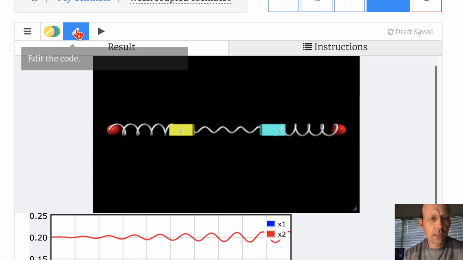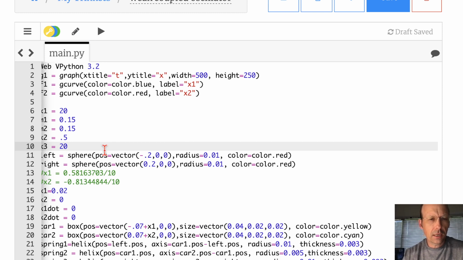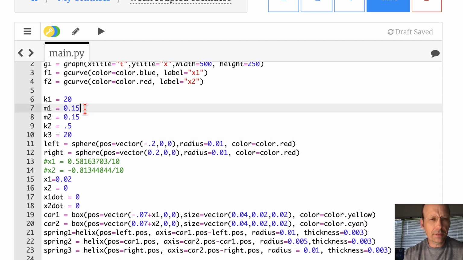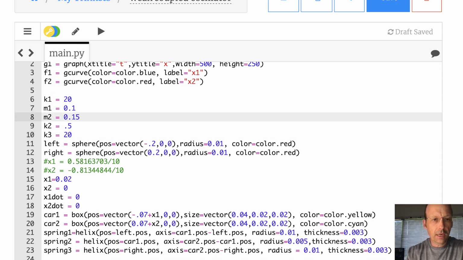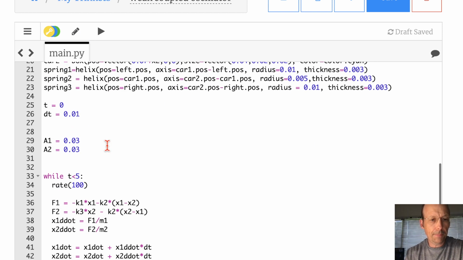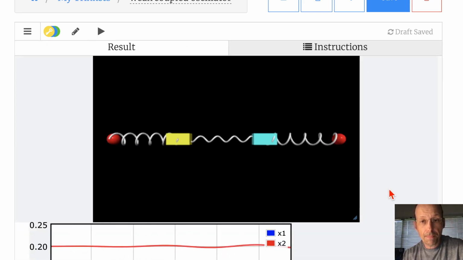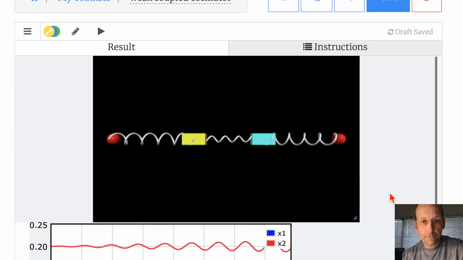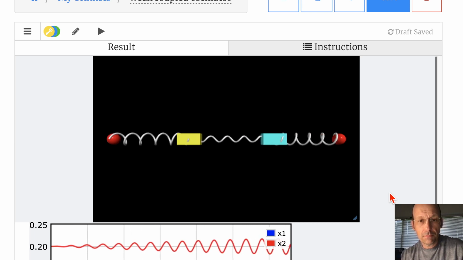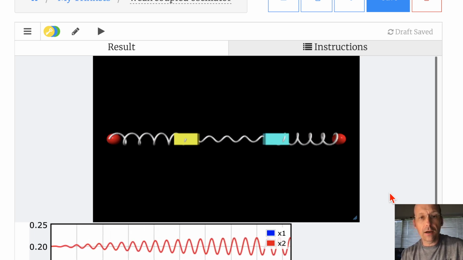Let's do mass 1, mass 2. Let's make this a little bit smaller. Maybe that'll help. And then let's run this for a longer time. So 10 seconds. And let's run it at double speed because we're impatient. Yeah, okay, it did it.